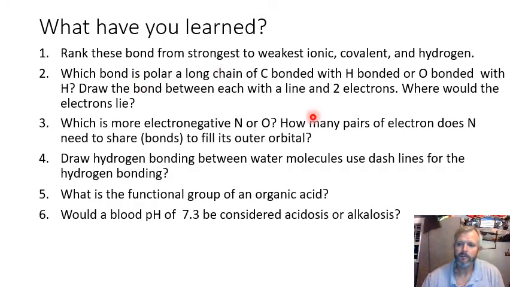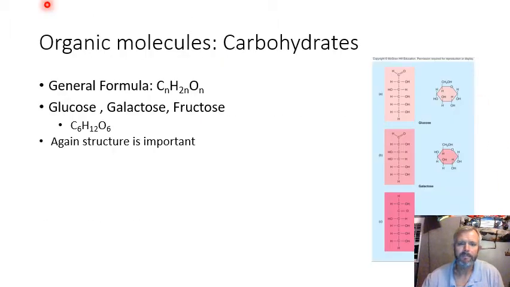And we will move on here to those carbohydrates I was talking about. Okay, carbohydrates. You can see the general formula is you have n carbons, 2n hydrogens, and n oxygens, so CH2O.